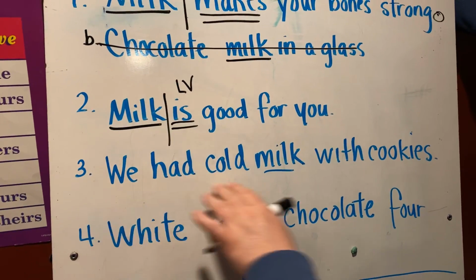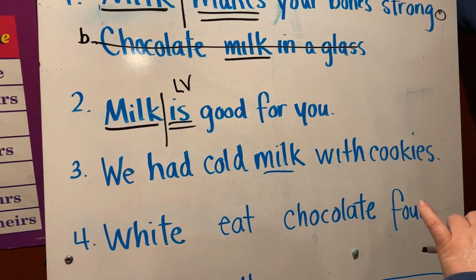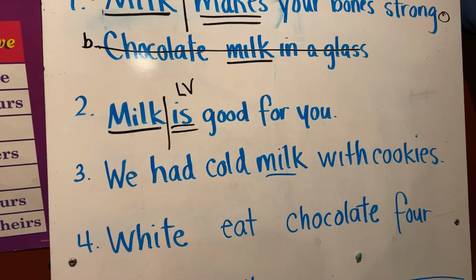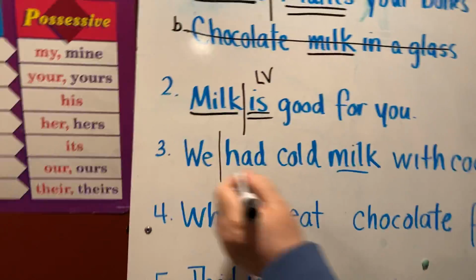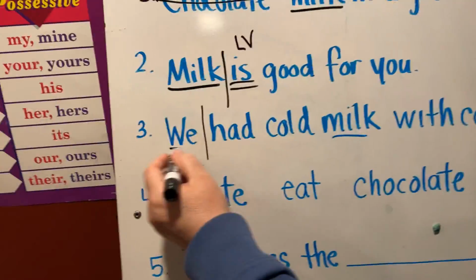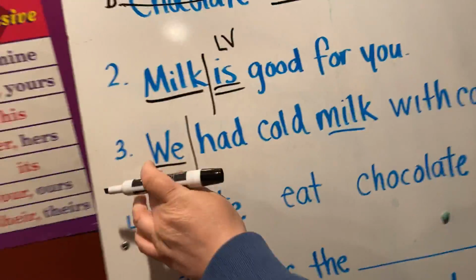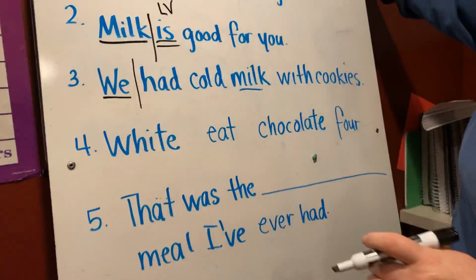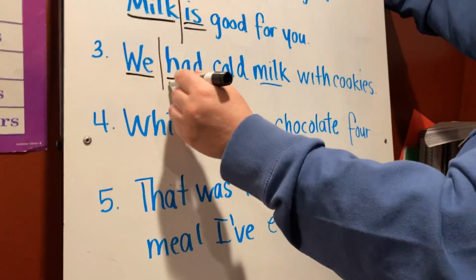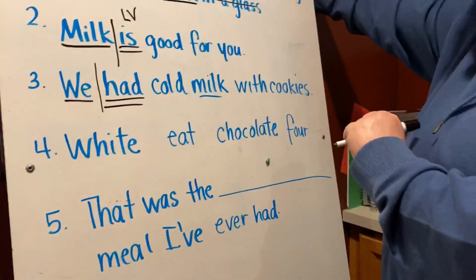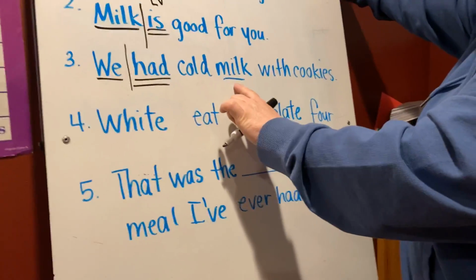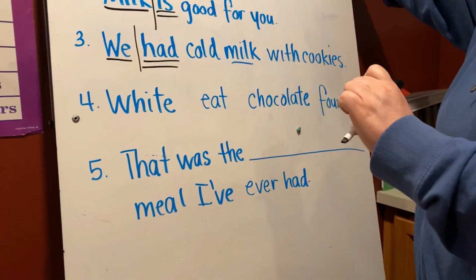Sentence 3. We had cold milk with cookies. Okay, where does this sentence split? It's going to split right here. What's our subject? We. And what did we do? We had. Now I want you to look at the underlined word, the word milk. Milk is a noun.